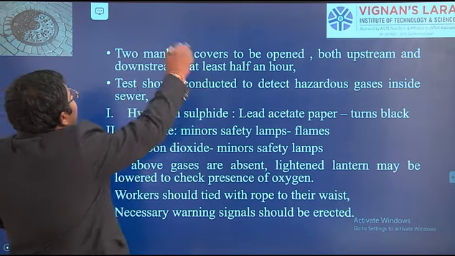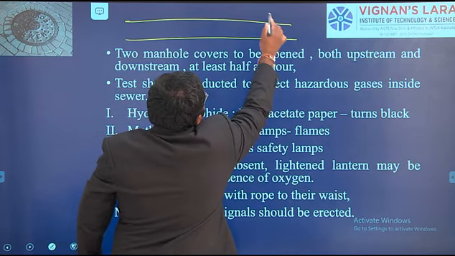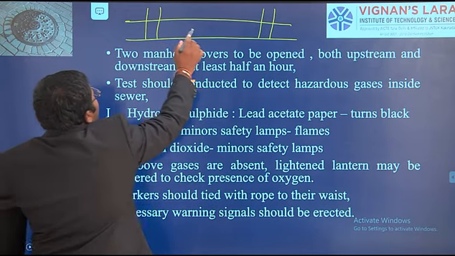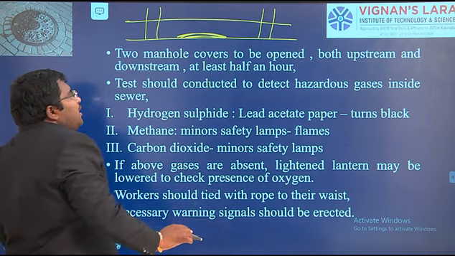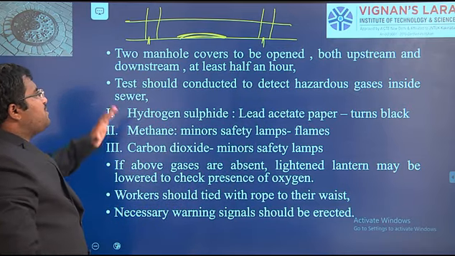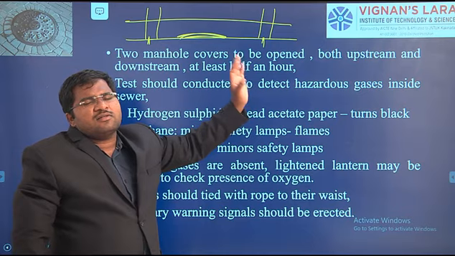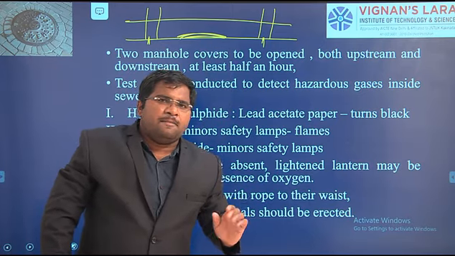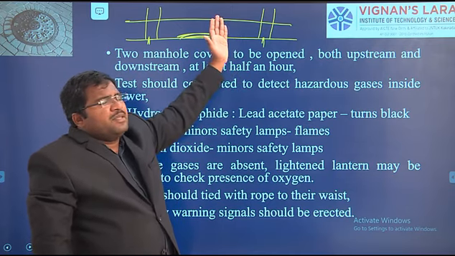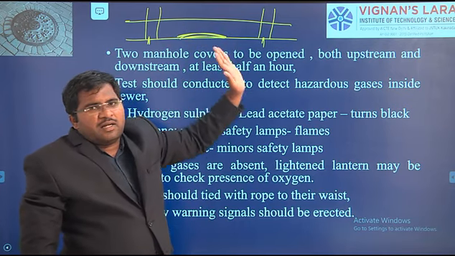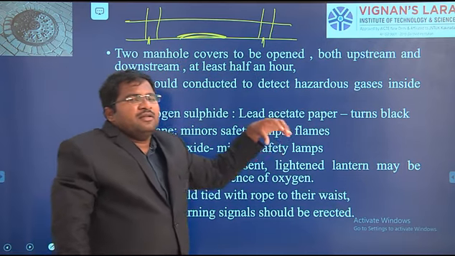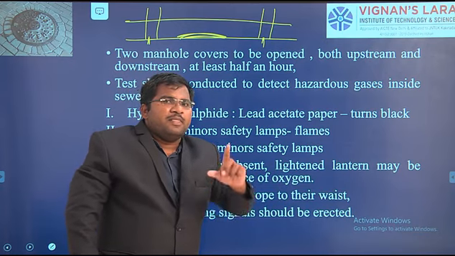When you have a sewer pipe like this, with one manhole here and one manhole here, whenever we are going to clean this part, you have to open both manholes, upstream as well as downstream, at least half an hour before. Why? Because if there are any gases inside, H2S, CO or methane, everything will go out, and if there is no oxygen, oxygen will enter from outside, so that the laborer can work freely without any danger. That is the first point.